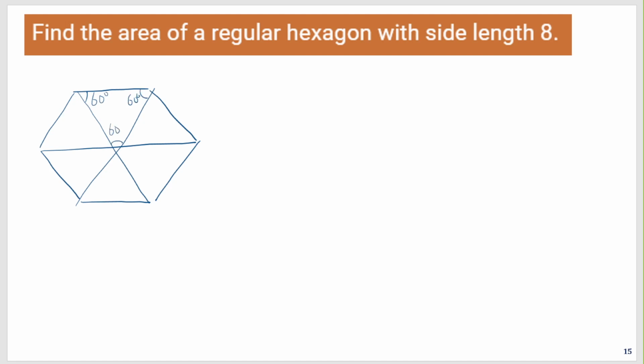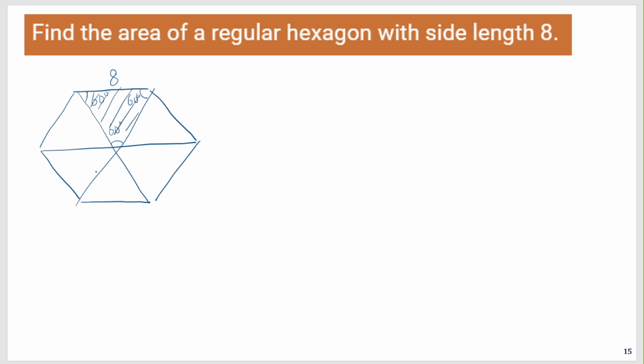So this angle here is also 60 degrees. Therefore, each of the 6 little triangles formed by drawing all 3 long diagonals is equilateral. So for an equilateral triangle, if you know the side, of course you know the area, right?